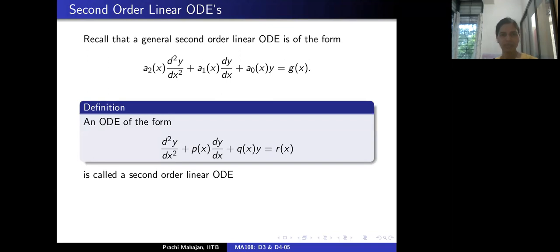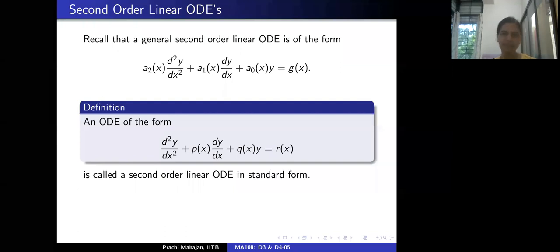Now, we say that any ODE of the form d square y by dx square plus p(x) dy by dx plus q(x) y equals r(x) is a second order linear ordinary differential equation in standard format, much like the similar nomenclature we had for first order linear differential equations also.